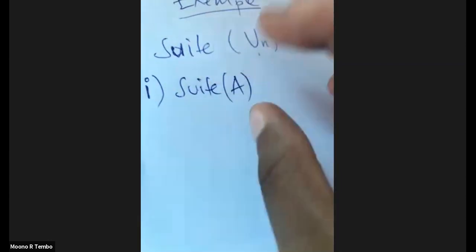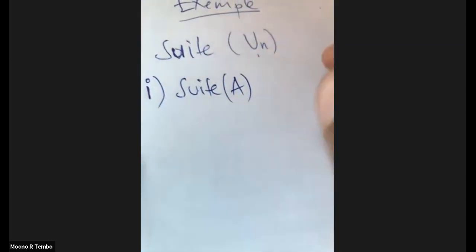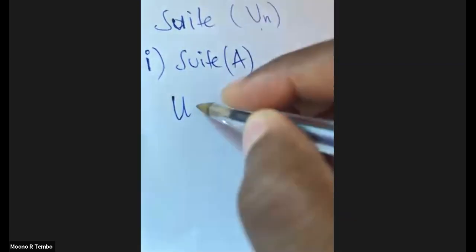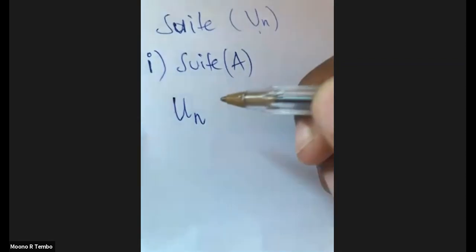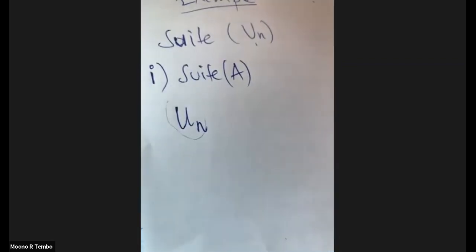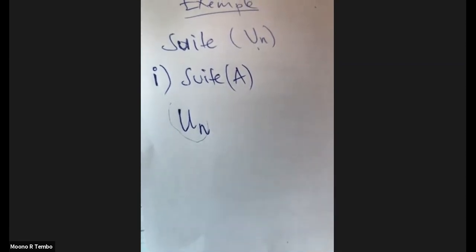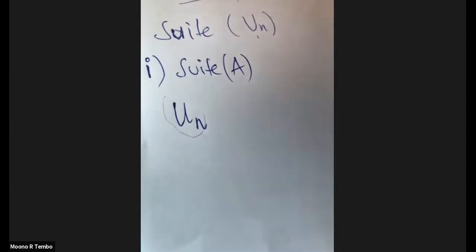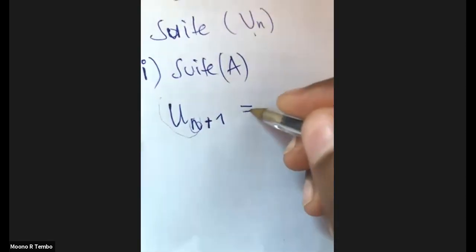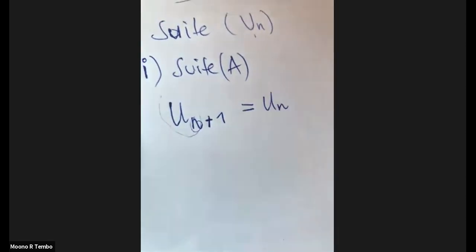By formula, this is how you get different groups of terms. The first thing is you have your term U_n, which represents a normal term. For you to find the different terms 1, 2, 3, 4, 5, 6, 7, you say n plus 1, which is going to equal a normal term.